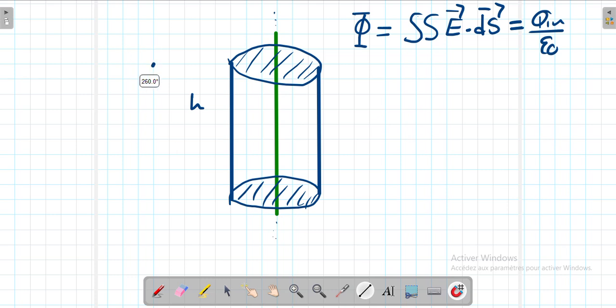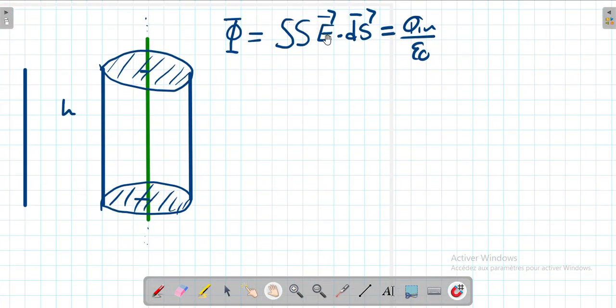Now the only length that is inside is this wire of length h, and that's the only charge you're going to consider. So this is how we go about Gauss's theorem.